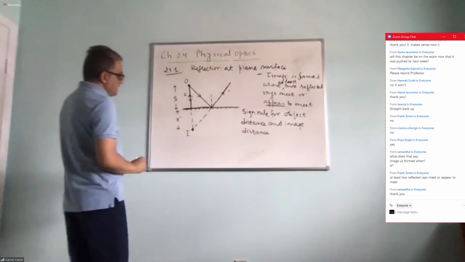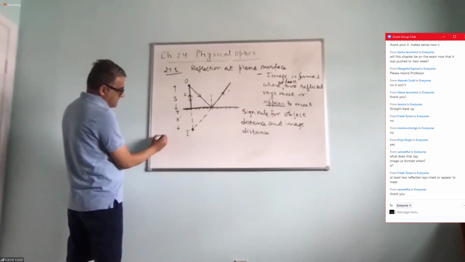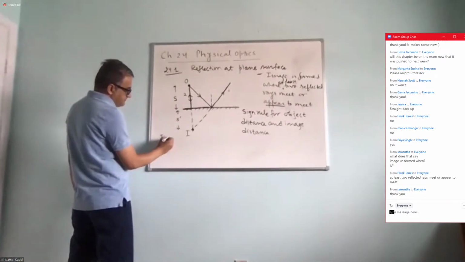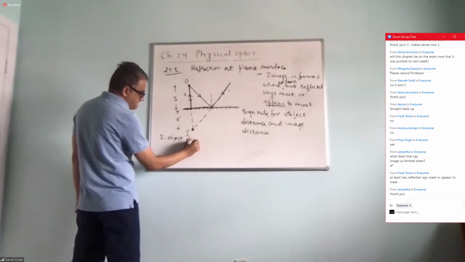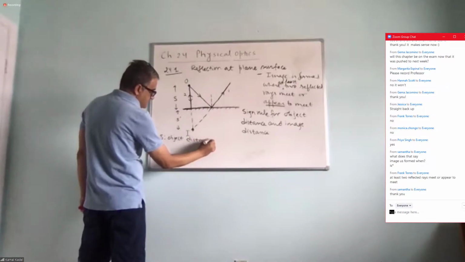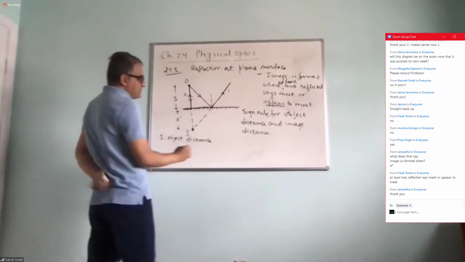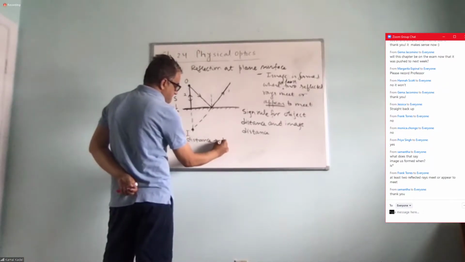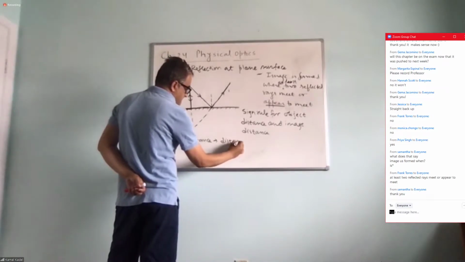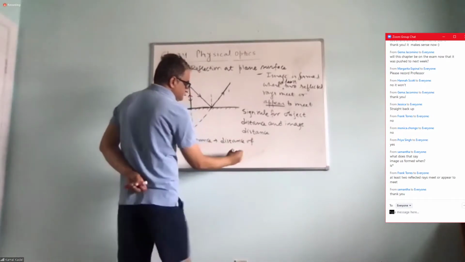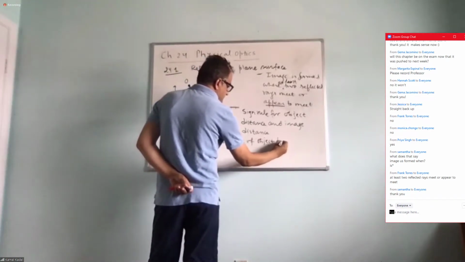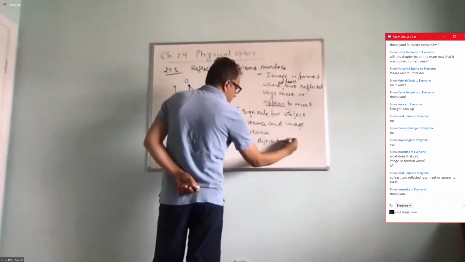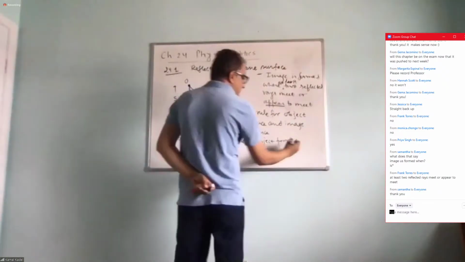Okay. So I write this here for you. S is the object distance, that is the distance of the object from the mirror.